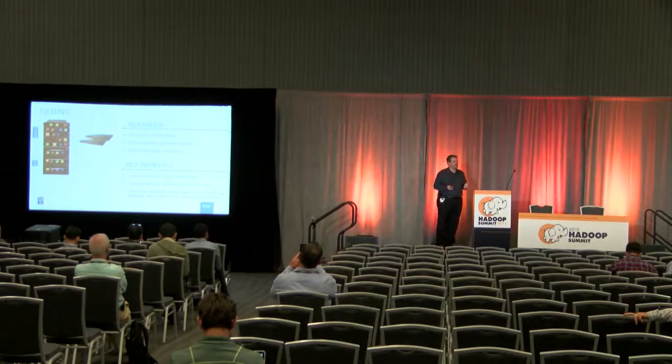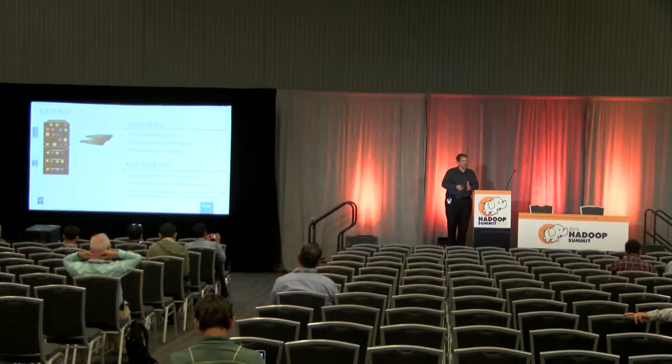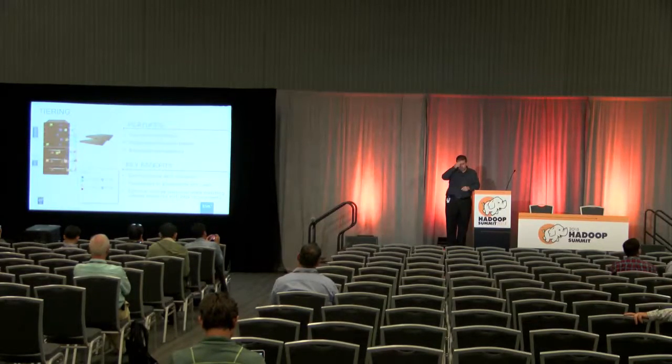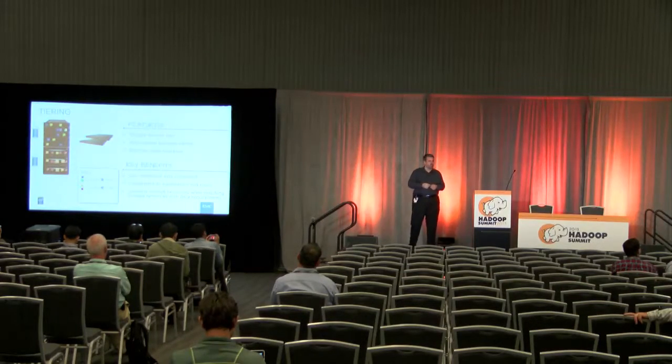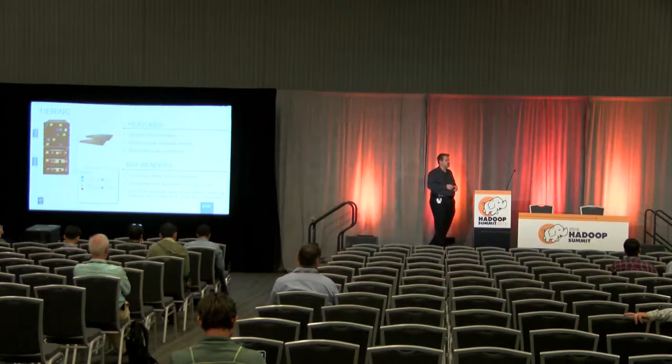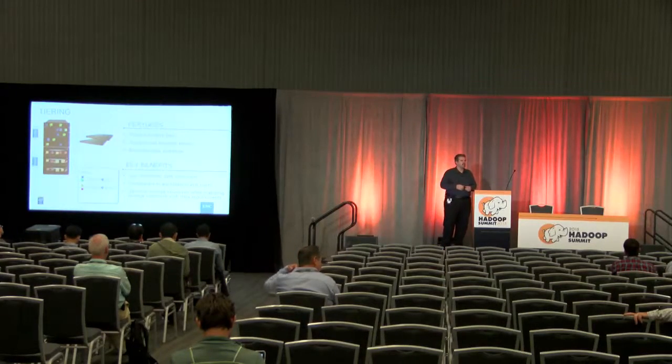I'll throw out an example of something that we do that's a little unique. Tiering is coming out in Hadoop now. We do tiering a little bit more uniquely, I think. When a policy is met, for example, a file reaches a certain period of time where it hasn't been touched, or a date is changed, and any kind of piece of metadata can be used for deciding when we're going to move data.